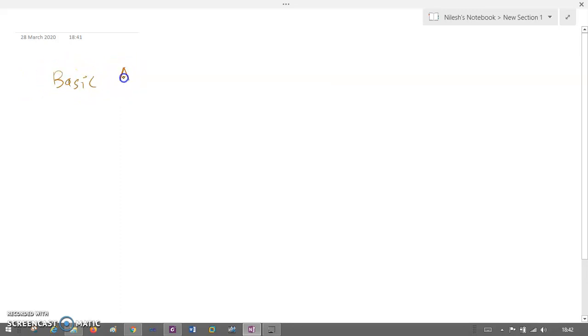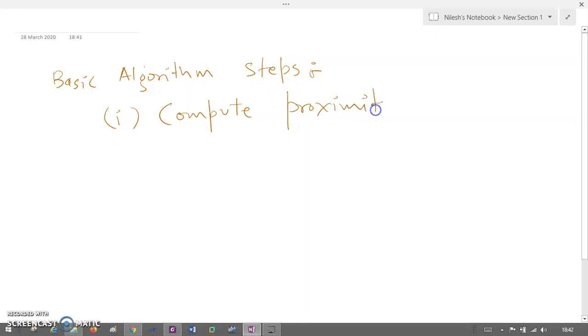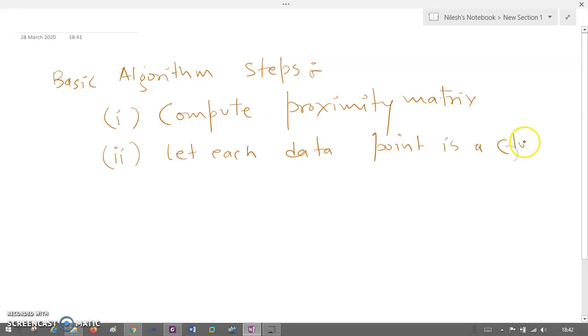The basic algorithm steps, or the operations: the first step is to compute the proximity matrix, which means how the data points are correlated with each other, or how similar they are to each other, finding the similar characteristics. So compute the proximity matrix, and then assume that each data point is a cluster. Assume it.